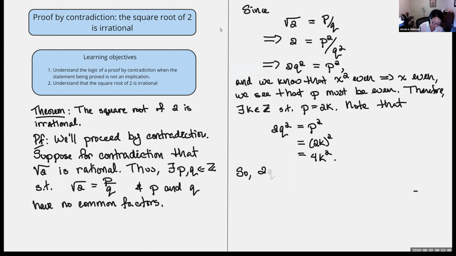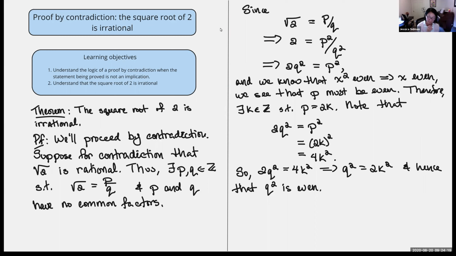We have 2q squared equals 4k squared, and I can factor a 2 from both sides, so that implies that q squared is equal to 2k squared, and hence that q squared is even. So now we get to use the fact that we already used, that x squared even implies x even. If q squared is even, therefore q must be even.